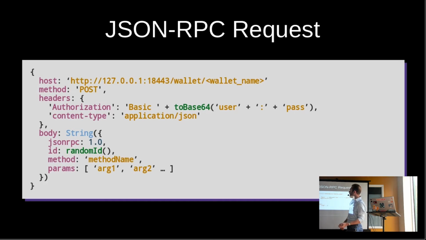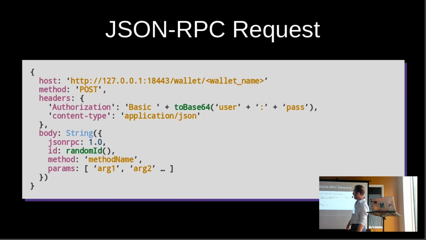If we were doing generatetoaddress, there'd be two arguments: the number of blocks and the address that you're sending the coinbase reward to. So it would be generatetoaddress, 1 for 1 block, and then your address. And that is an HTTP request to your Bitcoin Core node right there.